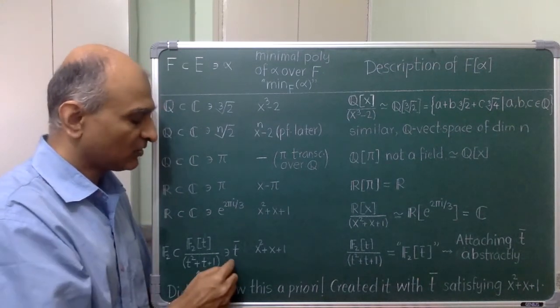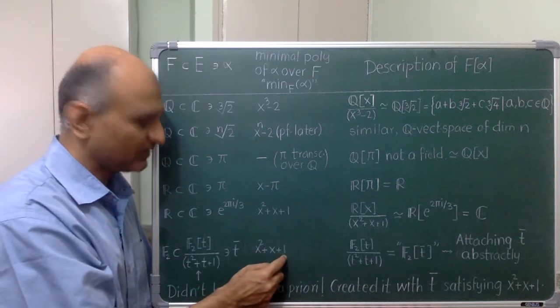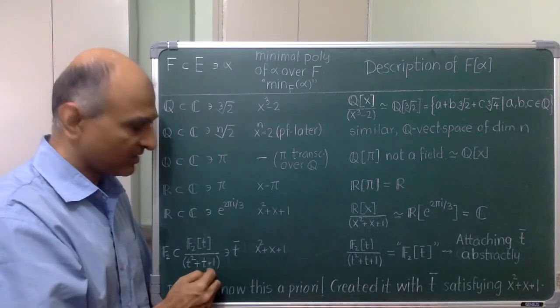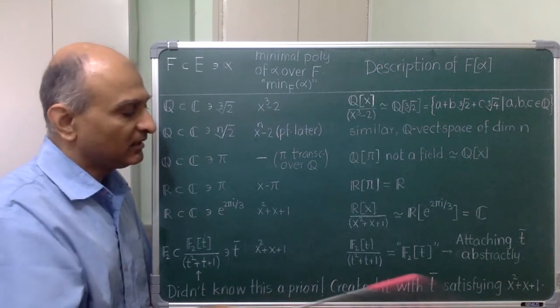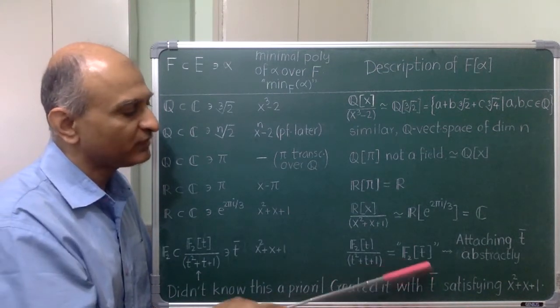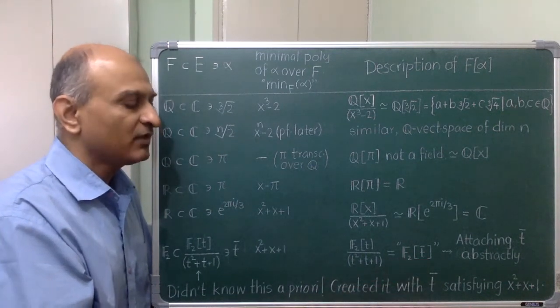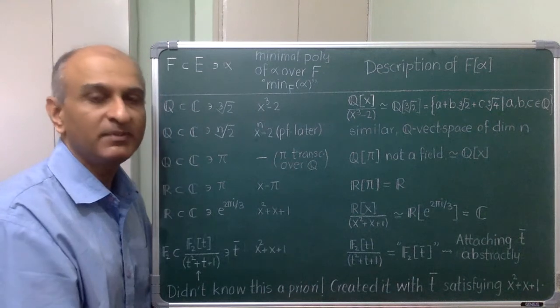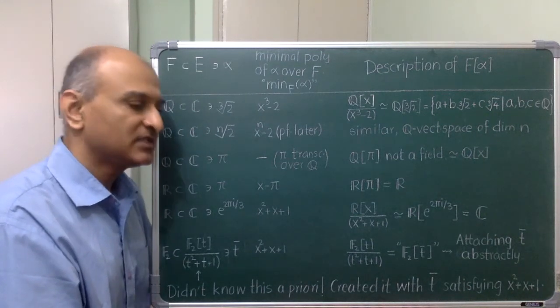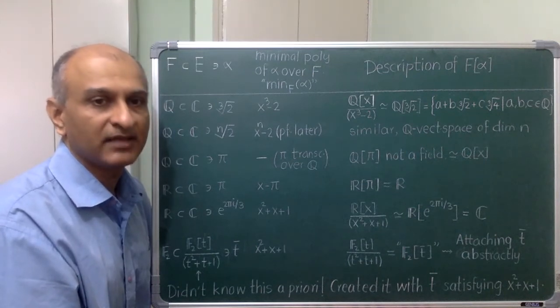Now, the congruence class of T has this as the minimal polynomial over F2 by construction, and this new field can be thought of as F2 adjoined with T bar. But for that I have to expand my language, where what I am adjoining need not be given in advance. This is done by attaching an abstract element. So let's see that language.